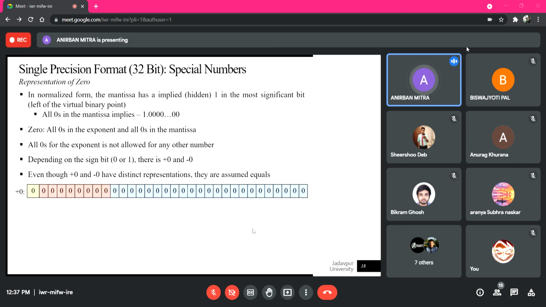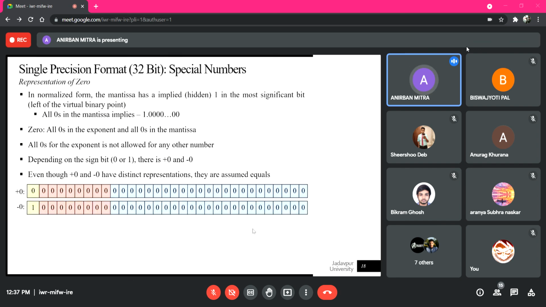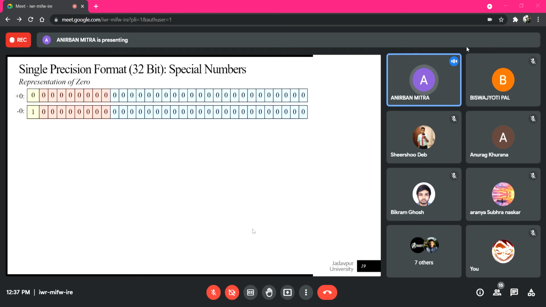So the positive 0 is like this, all zeros throughout, and the negative 0 is sign bit having 1 and then all zeros. As I said, if you calculate this out, you are not going to get a 0 value. You are going to get a finite value in decimal representation. But that is not considered. It is mandated that if all the exponent and all the mantissa are 0, then it represents 0 in single precision format.